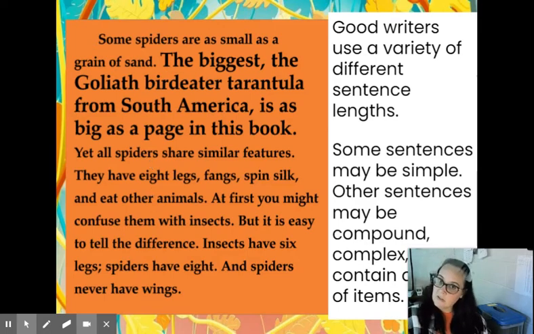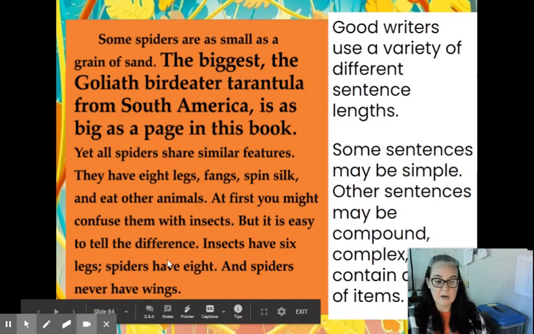They had a very interesting compound sentence in here, and some of my friends in yesterday's class had a difficult time finding the compound sentence because they didn't use the conjunction and the comma that we're used to seeing in a compound sentence. Instead, they simply said insects have 6 legs, and they used a semicolon and went straight into spiders have 8. That's a very interesting compound sentence.